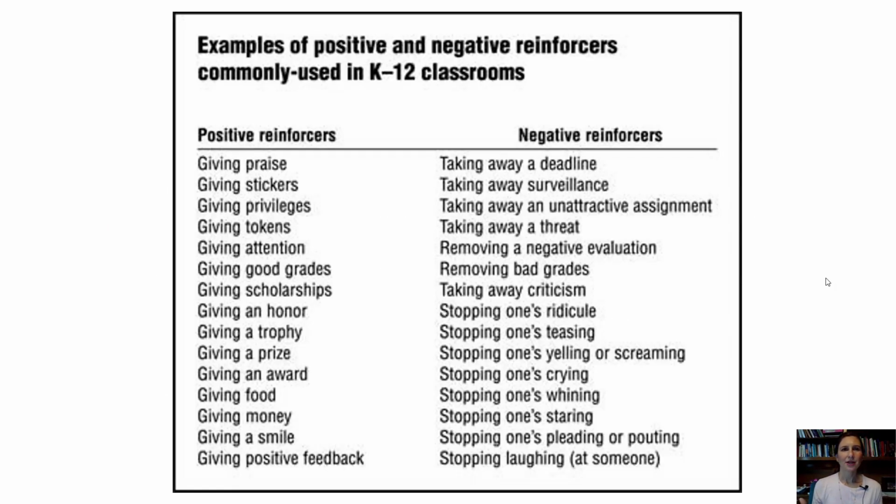All right, guys, let's talk about examples of positive and negative reinforcers in the classroom. And so positive reinforcers in the classroom are typically praise, stickers, privileges, tokens, if you're going to use that token economy, attention, good grades, food, smiles, positive feedback, things like that.